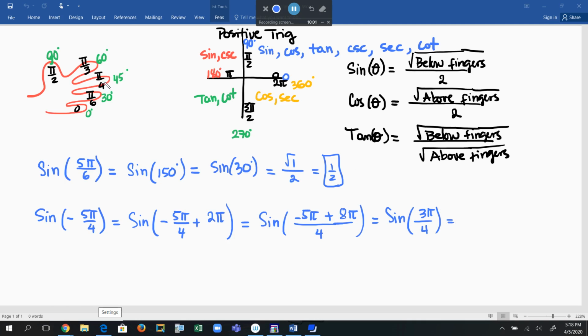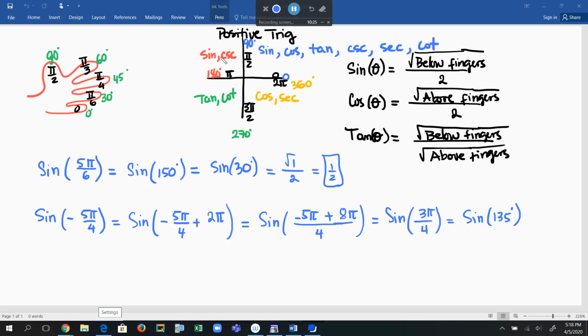So 3 pi over 4. If you want to convert to degrees so that you can see it well, 3 pi over 4 is 3 times 45, so 135 degrees. 135 degrees is here in the middle of quadrant number 2.